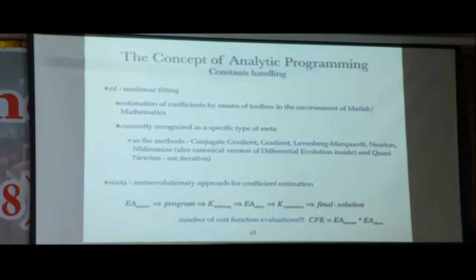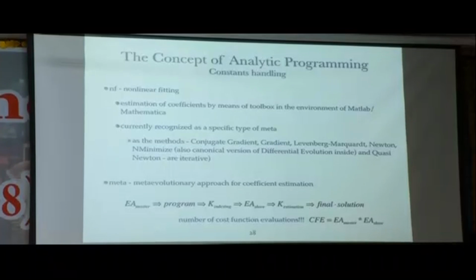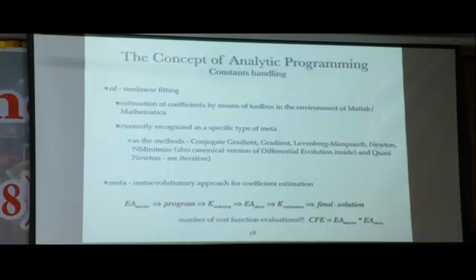So the first evolutionary algorithm, the master one, will synthesize the formula, and the secondary evolution algorithms will synthesize the best values for the constants. But the problem is that it's very demanding, because if you say, okay, I will run, let's say, 10,000 iterations for the master algorithm, then you have to count that in each single iteration, where every single solution is created, you have to run the secondary evolution algorithm, which has, for example, another 10,000 iterations.